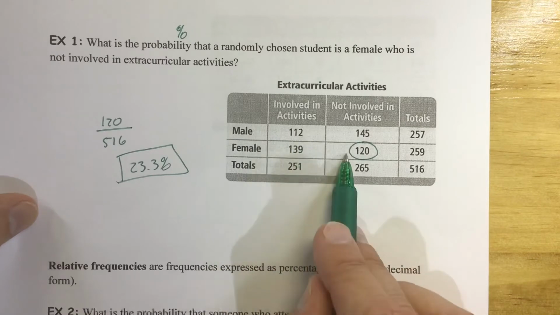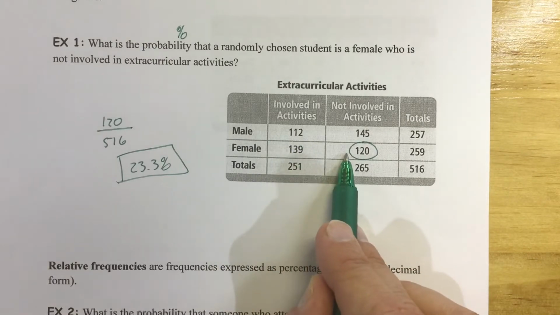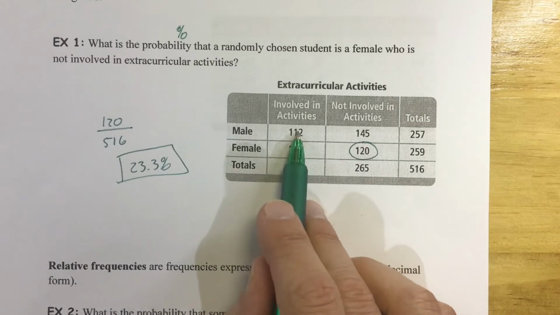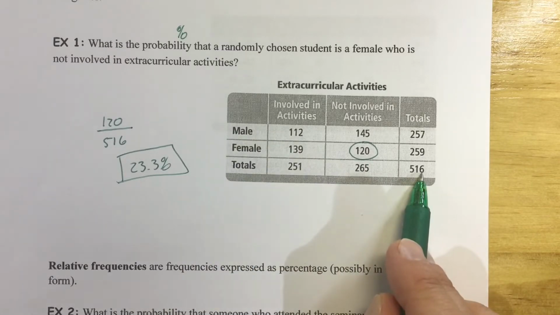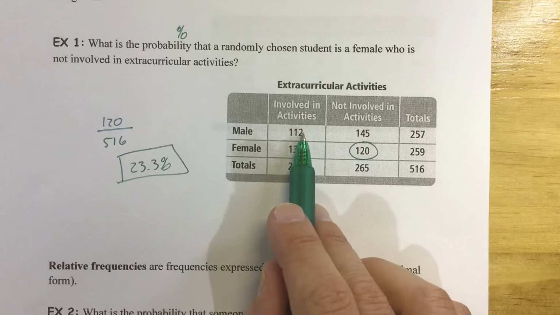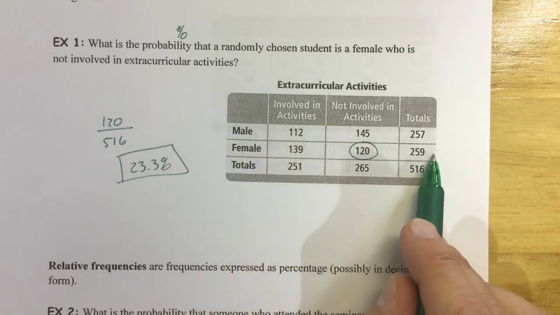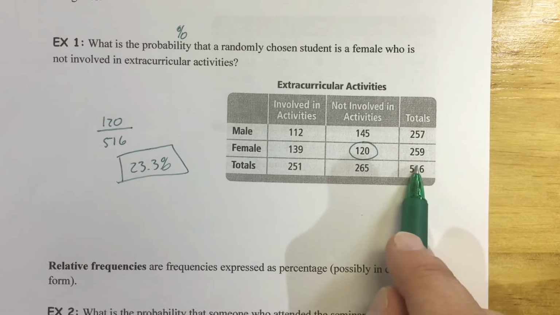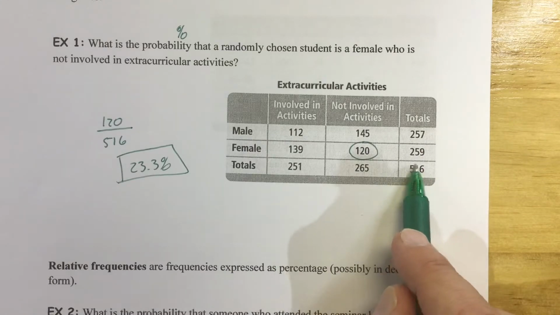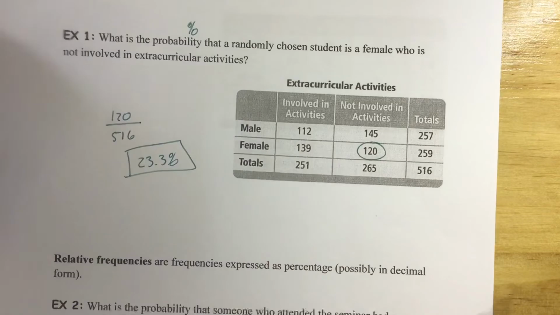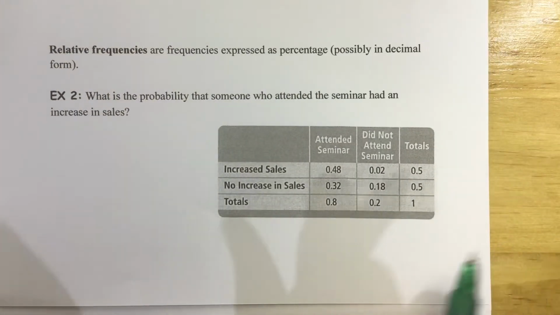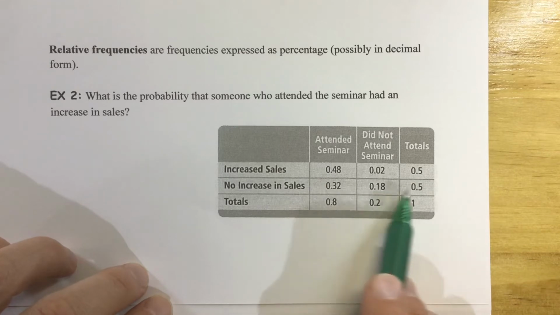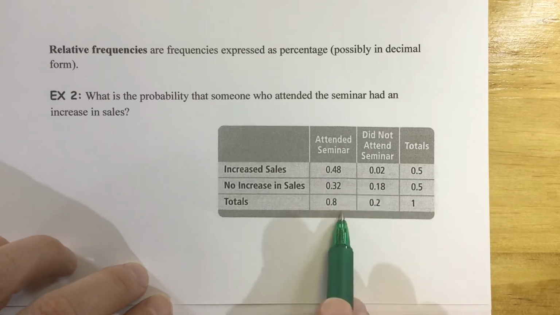These 4 here account for everybody that's involved, and they have to make that grand total of 516. So if you divide each of these by that number, you get your decimal numbers. Likewise, you can take the totals and divide those by the big number and you'll get a decimal, or you could just add the decimals you get. Now I should probably start pointing at the other picture here, because you can add these 2 together and get that number. You can add these 2 together, get that number, and then you can add and get that number.